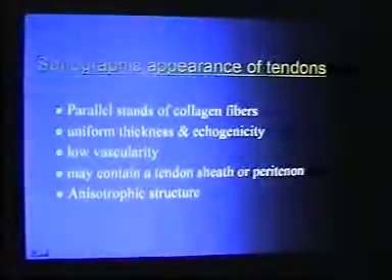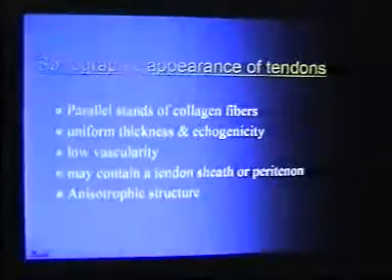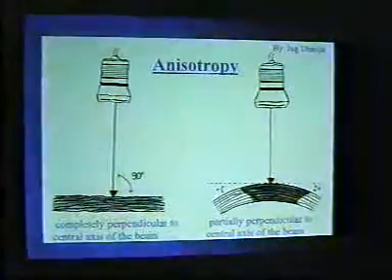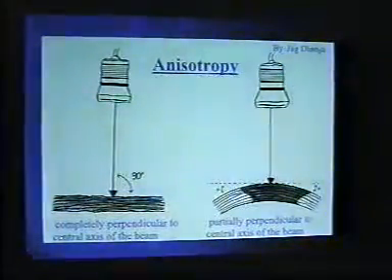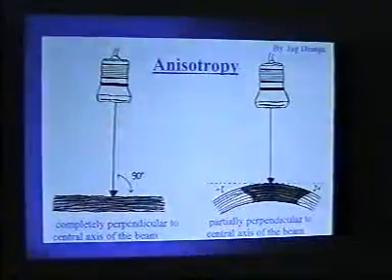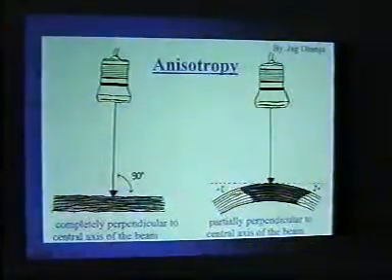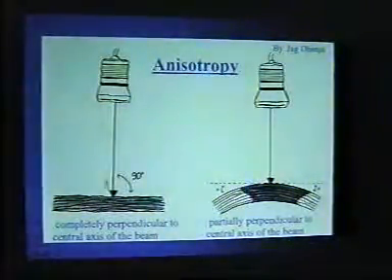Anisotropic structures are there. Anisotropy is one of the artifacts. If a structure is at 90 degrees, straight, completely perpendicular to the central axis of the beam, there will be no artifact.